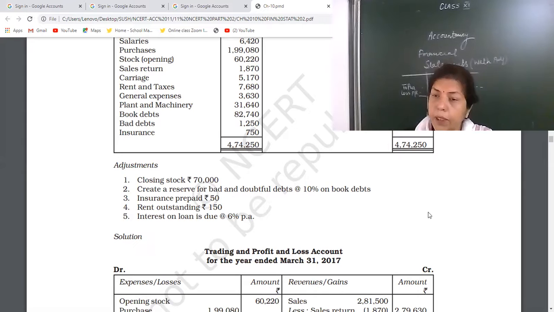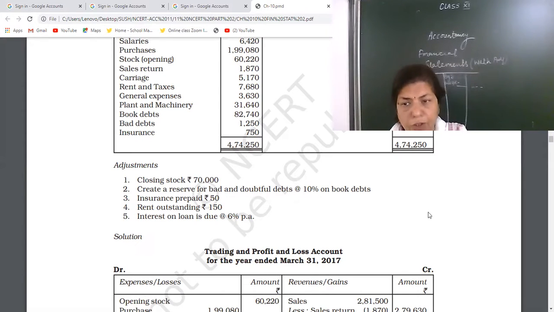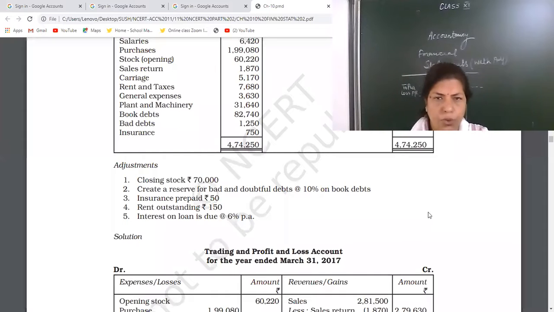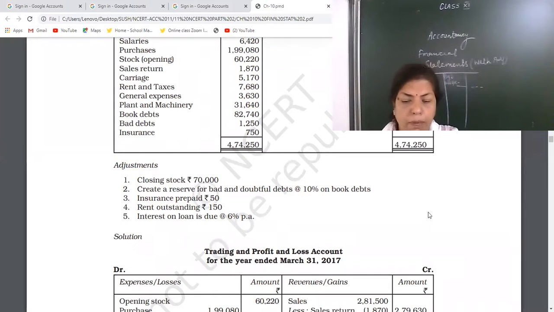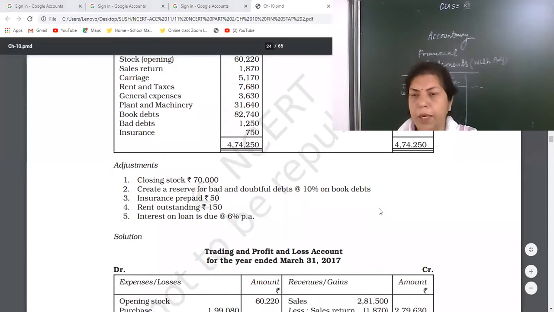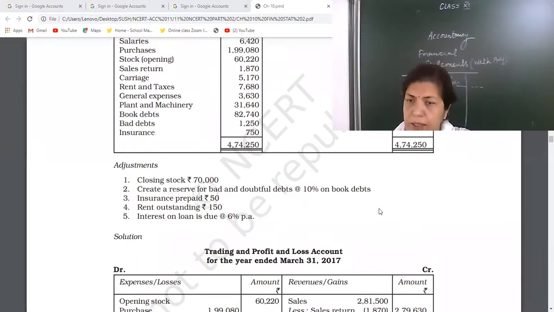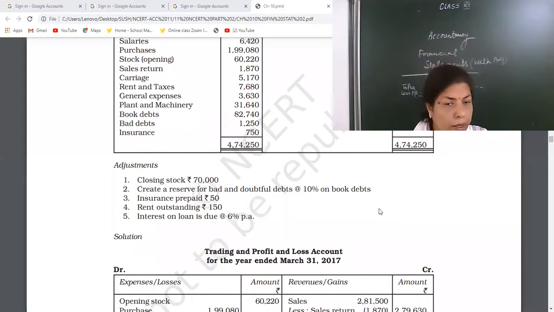Now this is the liability. And what is the other impact? Two impacts are there for every adjustment. Because this expense is related with the current year, that's why add in the debit side, and in the liability side. Why liability side? Because it is due but not paid.